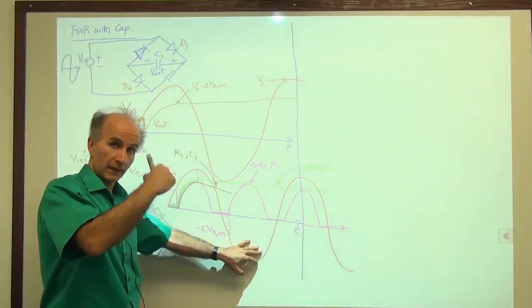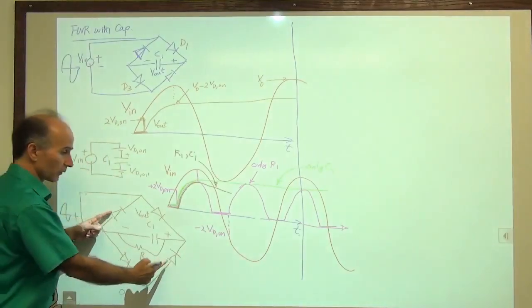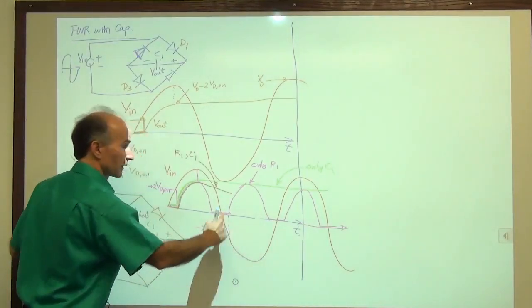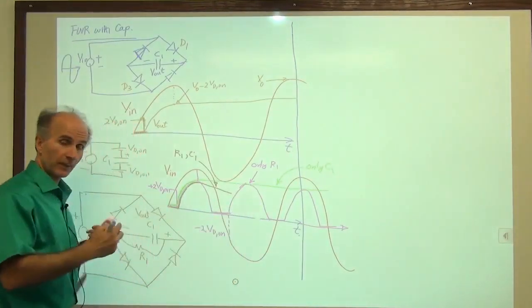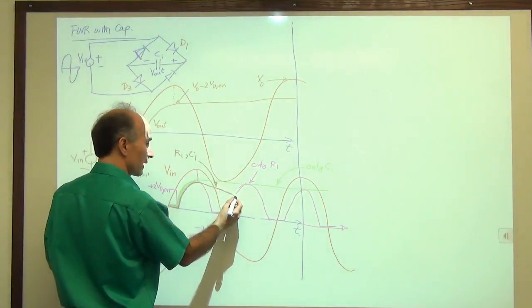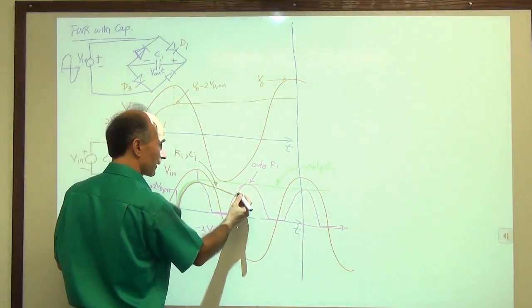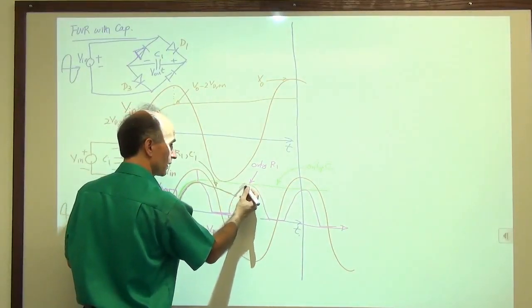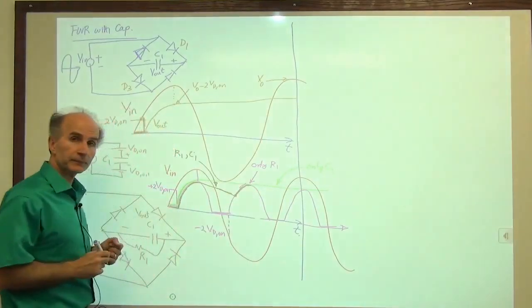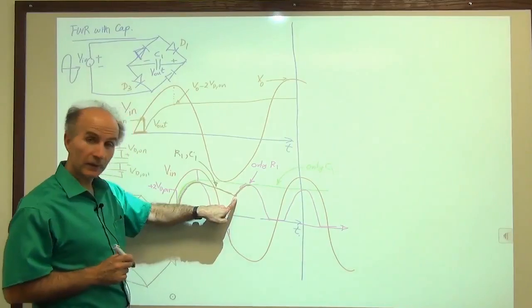Because nothing was happening for the negative half cycle. But in our case, in the full wave rectifier, we have turned on these diodes for this cycle. So these 2 diodes begin to charge the capacitor again. So the capacitor discharges, and once we reach here, the diodes have turned on, and they begin to charge the capacitor. Is this correct?